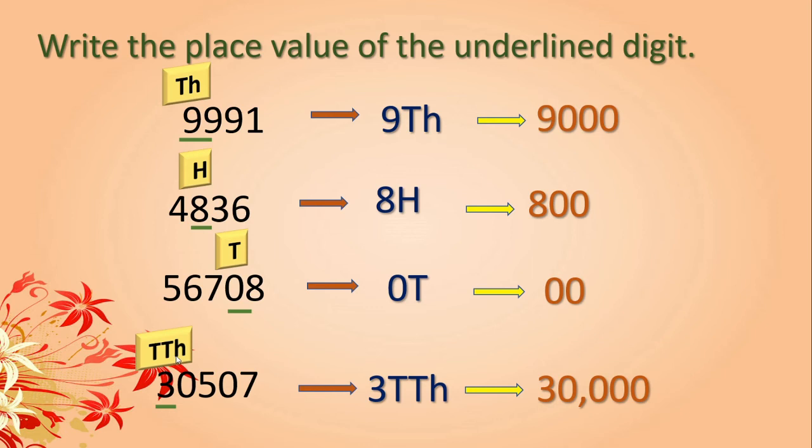Am I right? Yes? I hope you understood about the place value. We have to observe the digit, we have to observe the place of that digit, and after that we have to confirm the place value of that digit.